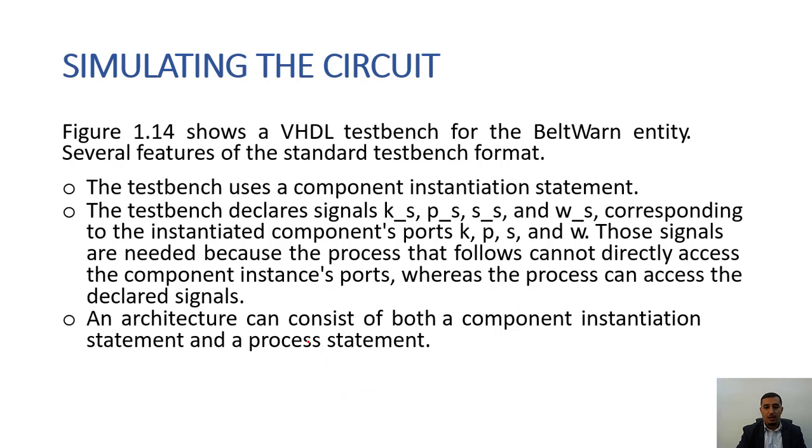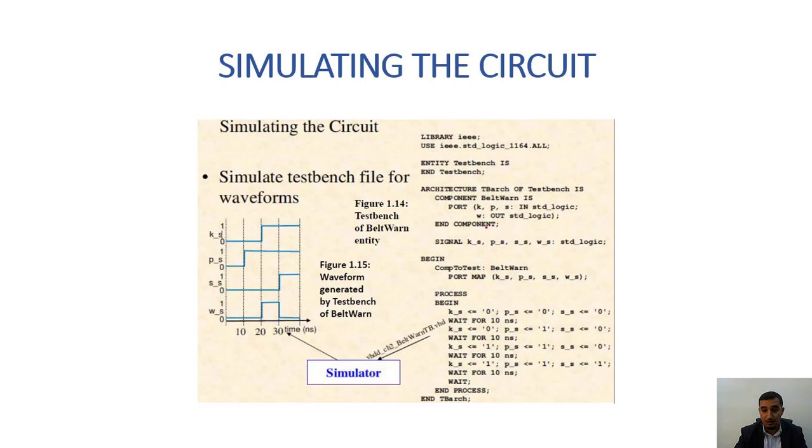Now, to simulate the circuit, we need to use a test bench, as you know. From the test bench we create the signals KS, PS, SS, and WS. Again, remember, a test bench has no inputs and outputs.